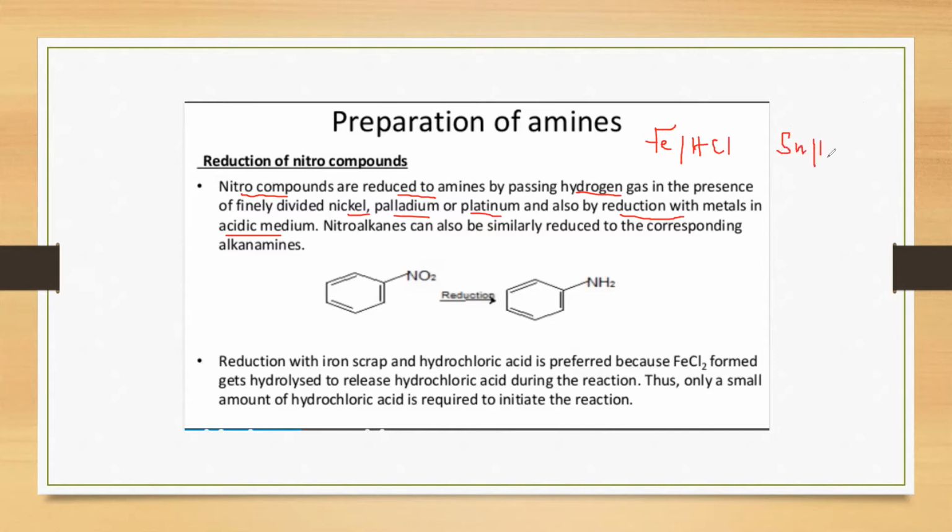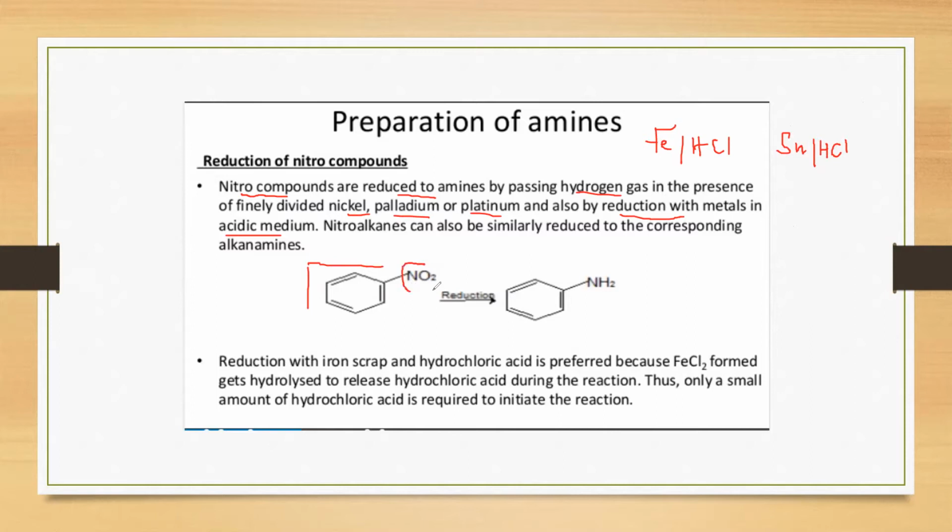In higher classes, the mechanism is important, but for the time being, in grade 12, we don't have to bother about the mechanism of the reaction. The given example here is an aromatic nitro compound.